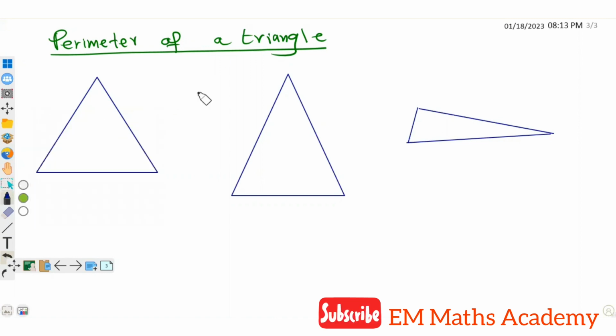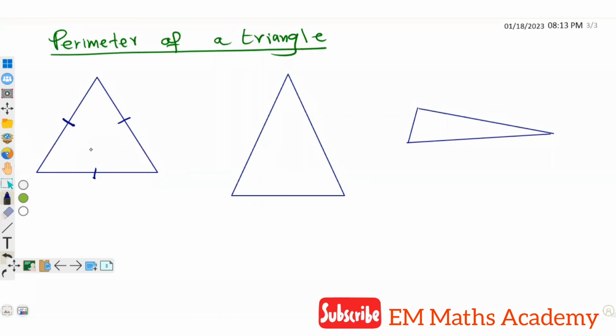Then how do we identify whether all the sides are equal or not? It can be expressed like this. We can use one, two or three straight line segments.